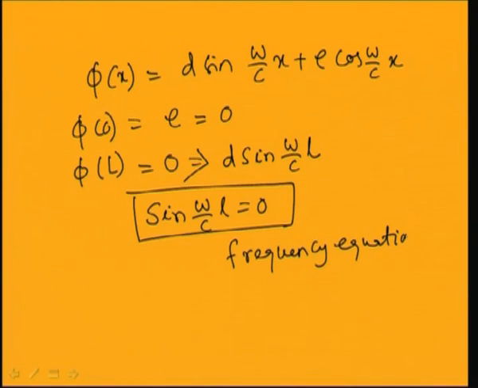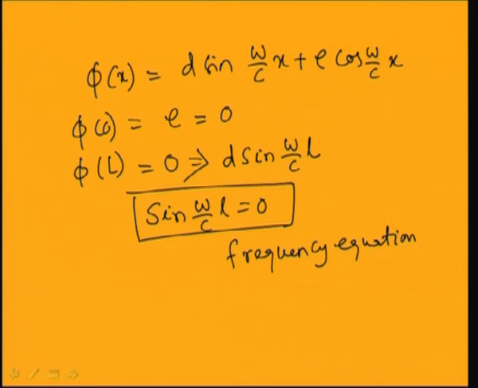So as d not equal to 0, we should have sin omega by c into L equal to 0. This equation is known as the frequency equation of the system. From this frequency equation we can find the expression for omega.